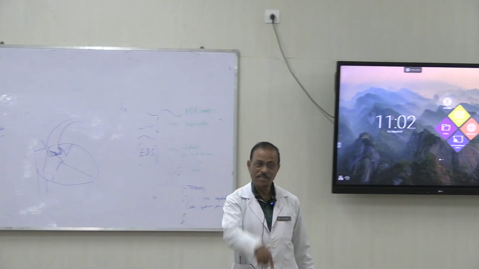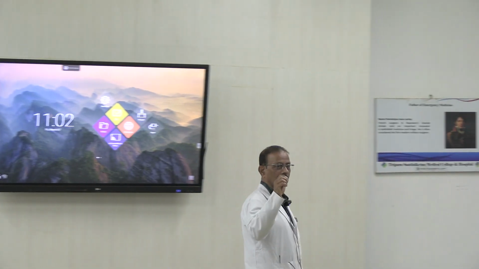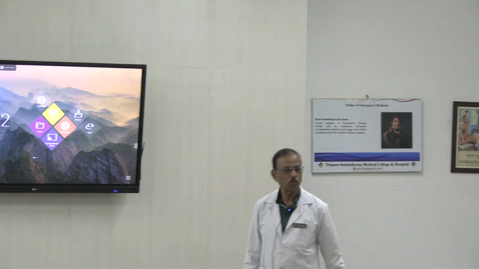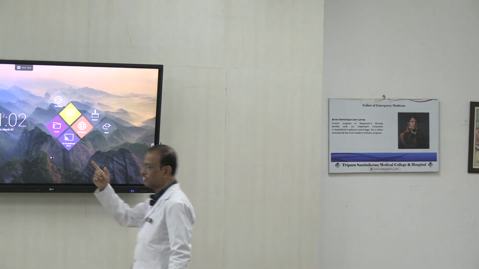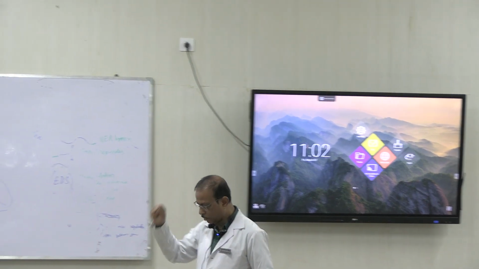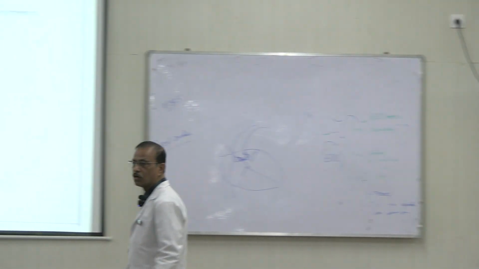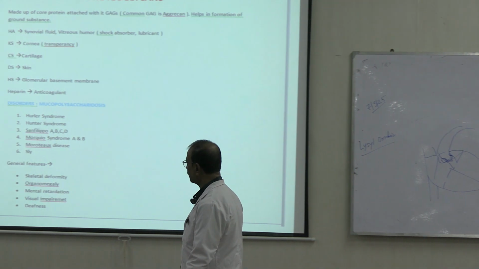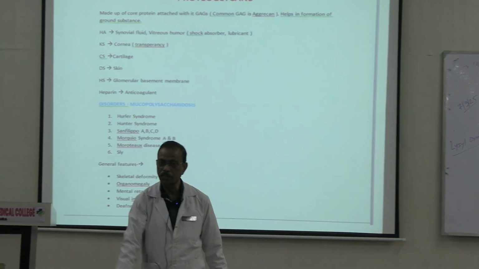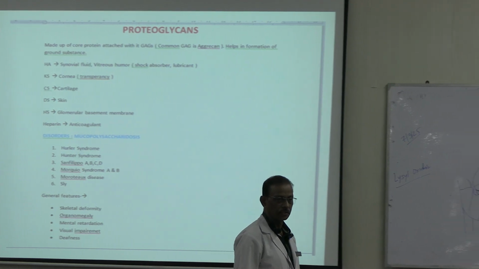Now you will get a short note as collagen. So if you get collagen, then say what is extracellular matrix? The abundantly present material is collagen.